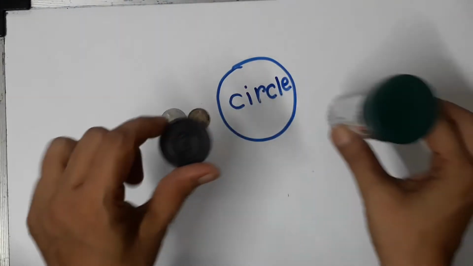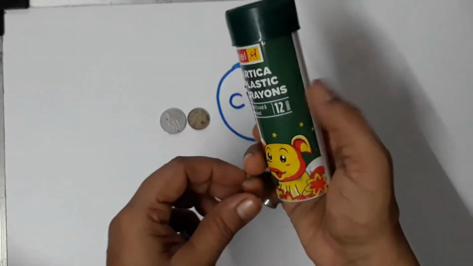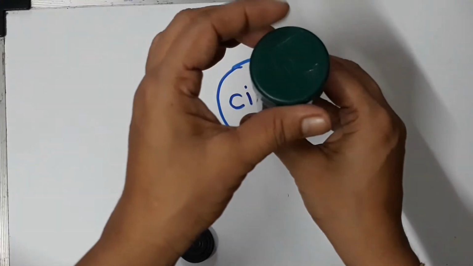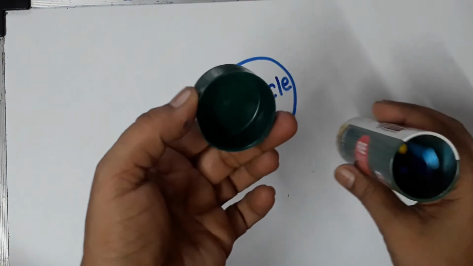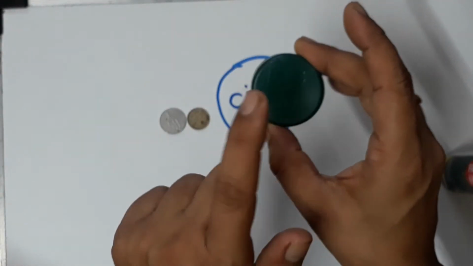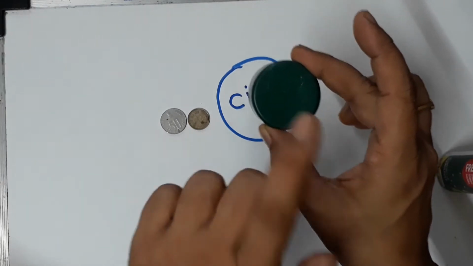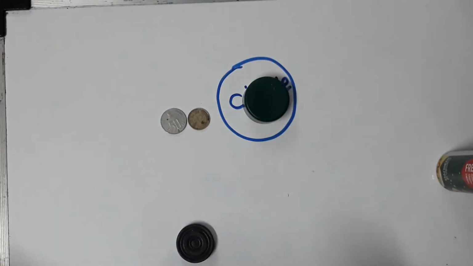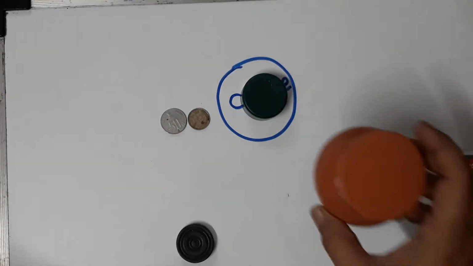Okay, now I am taking our crayons box. This is a lid of the crayons box. Is this a circle or a sphere? This is a circle. This is not a sphere. I am taking one more bottle.